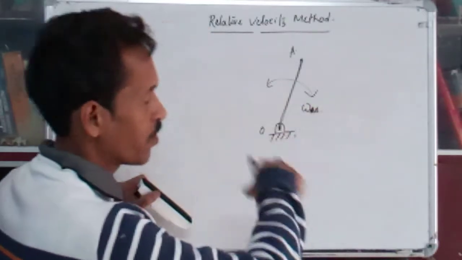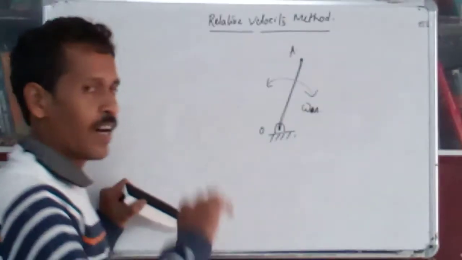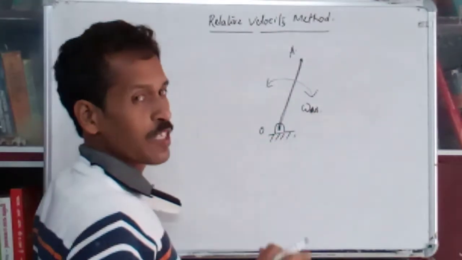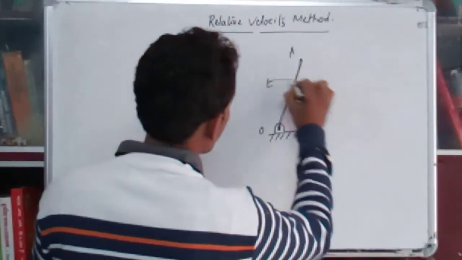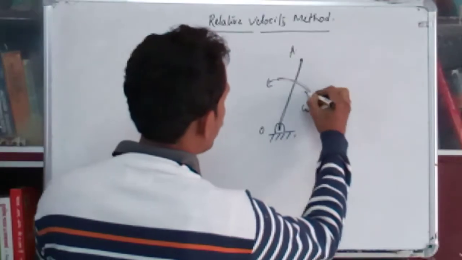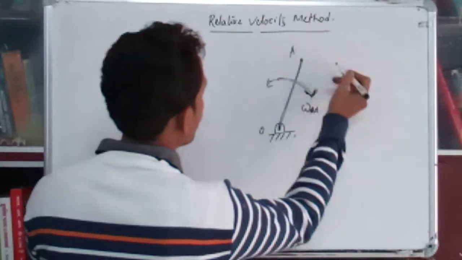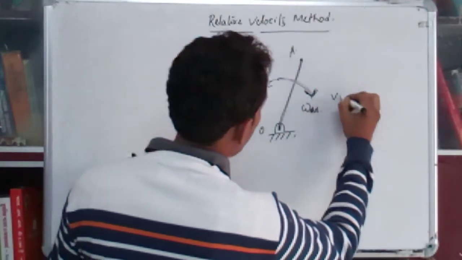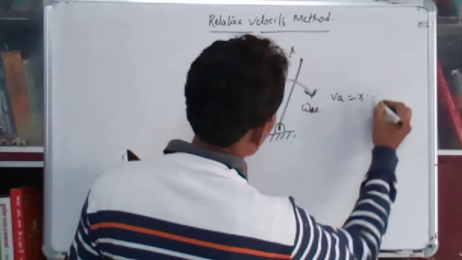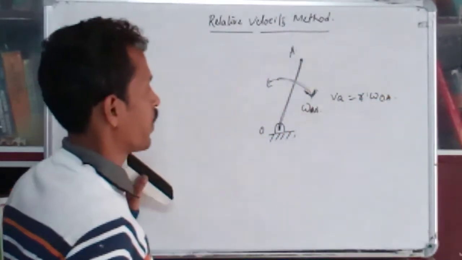All types of motion we have considered in the instantaneous center method, that is pure rotation with respect to some imaginary point. Suppose the velocity is VA. V is equal to R into omega, that means omega OA. V is equal to R omega.